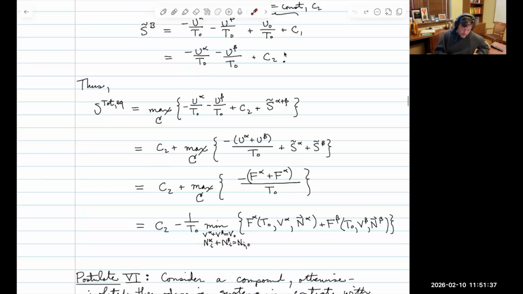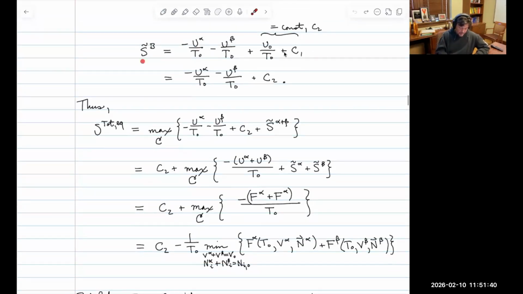Okay, so we just put that expression into the total entropy function, the thing that we're maximizing, subject to constraints. And what we're calling the equilibrium entropy is that entropy that is obtained when we've achieved equilibrium. Okay, so this is the entropy function. We're going to maximize that, and whatever its maximum value is, we're going to call the equilibrium entropy.